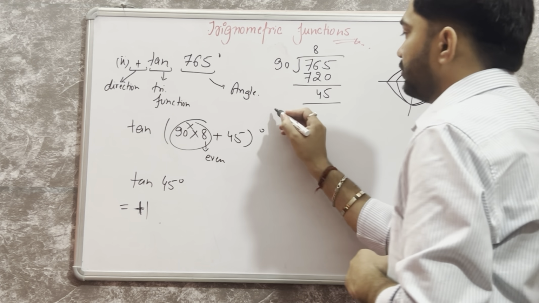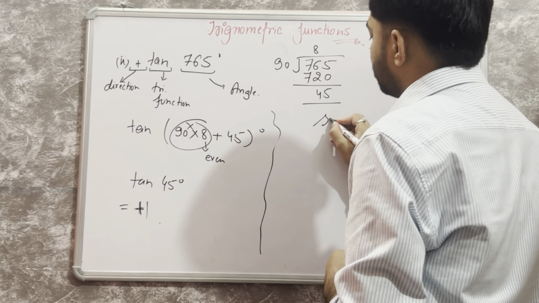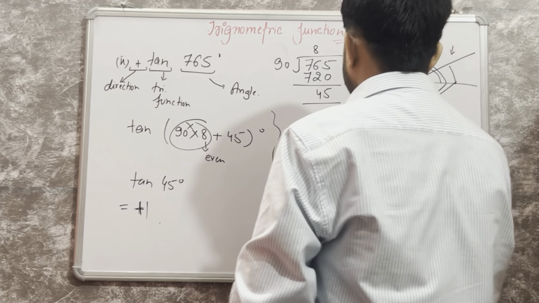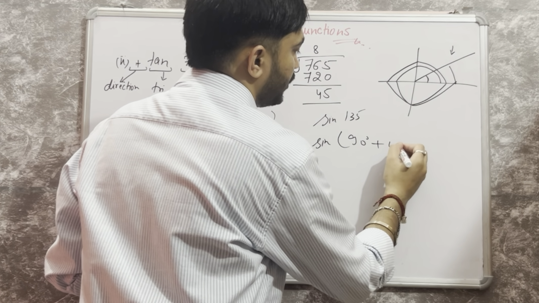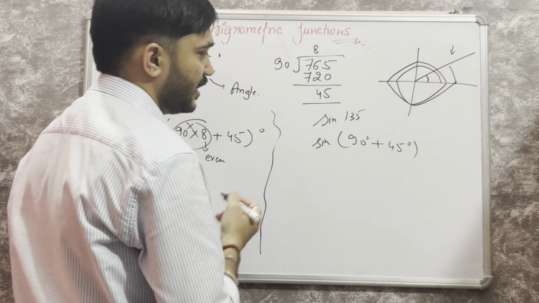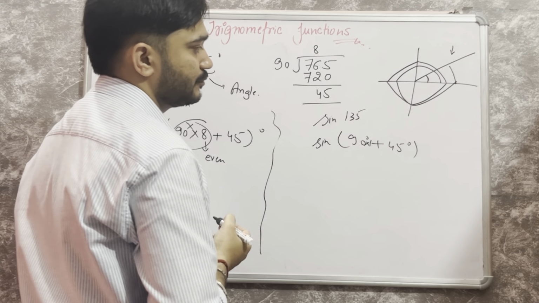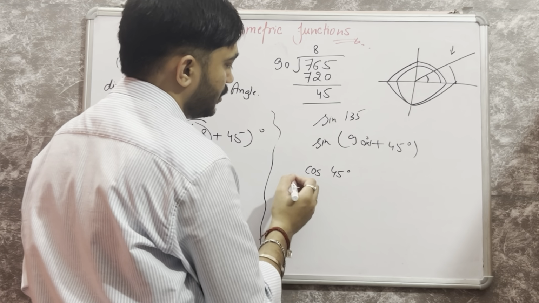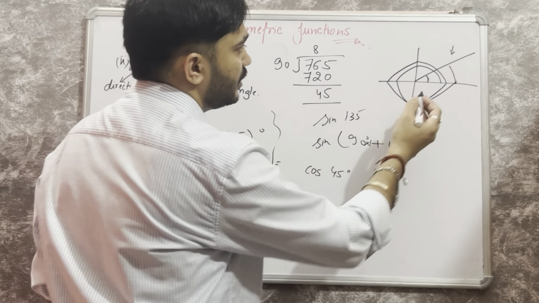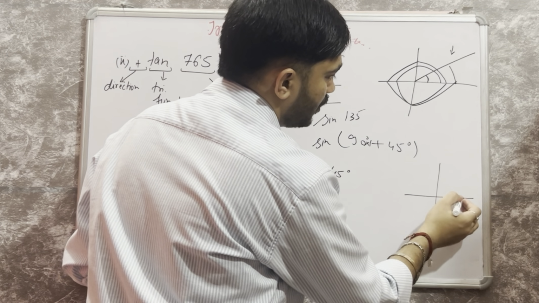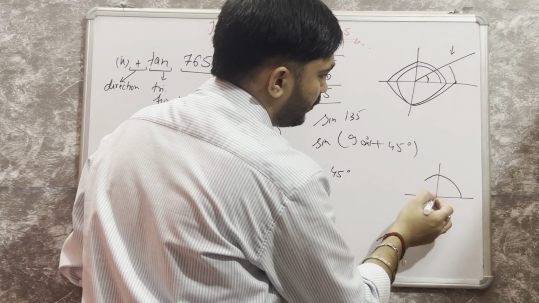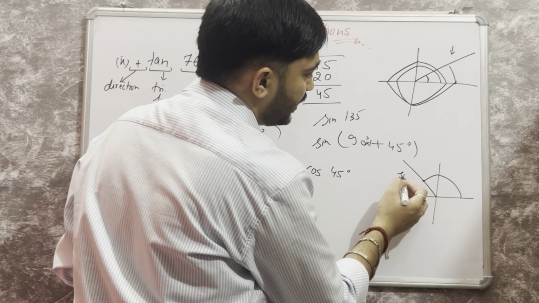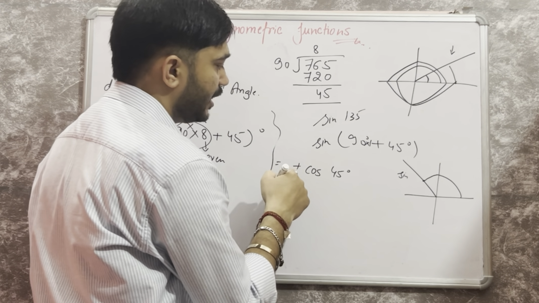Any doubts? Similarly, in the last question we got sin 135, that is sin of 90 degrees plus 45 degrees, that is 90 into 1, name change, cos 45 degrees. Now what sign will come here? 1 and 45, the angle becomes here, the sign is positive, so we add a positive sign.